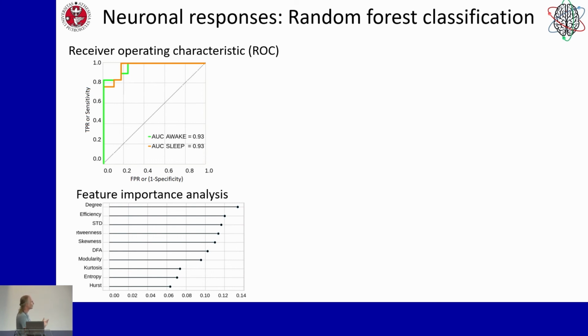Later you can look at the cases where the right state was classified, and which of the features actually contributed to that correct classification. Interestingly, we find that it's not statistical properties of the single time series, but rather the connectivity, the network properties that allow for this distinction.